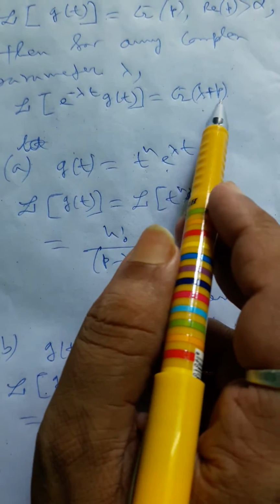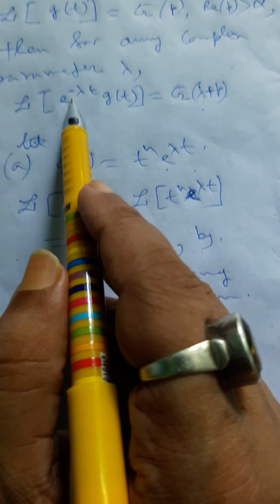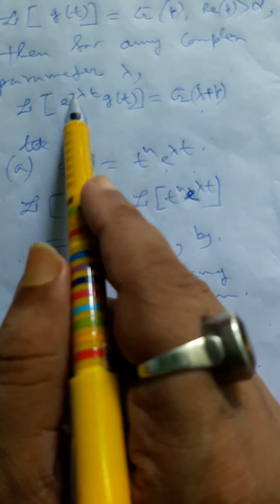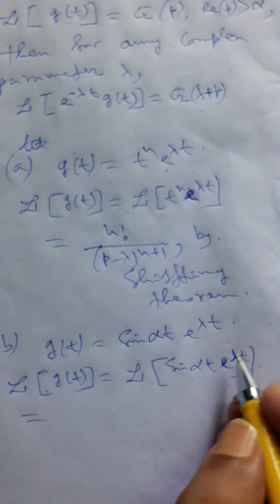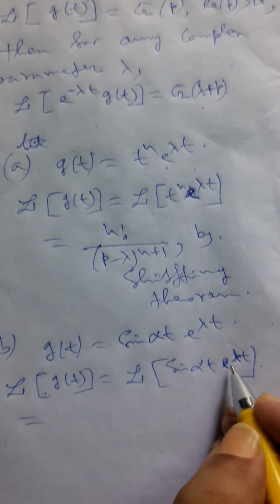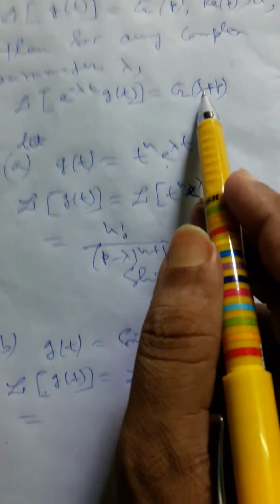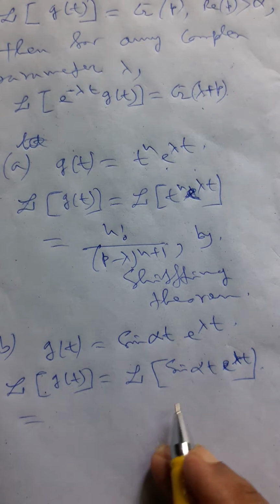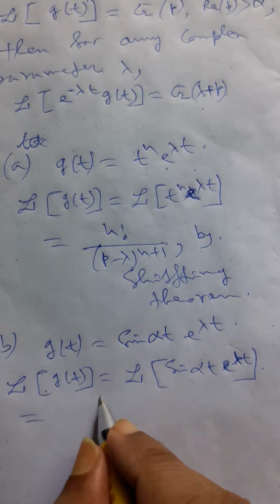So clearly we use the shifting theorem again. Taking minus of minus lambda, that is plus lambda.